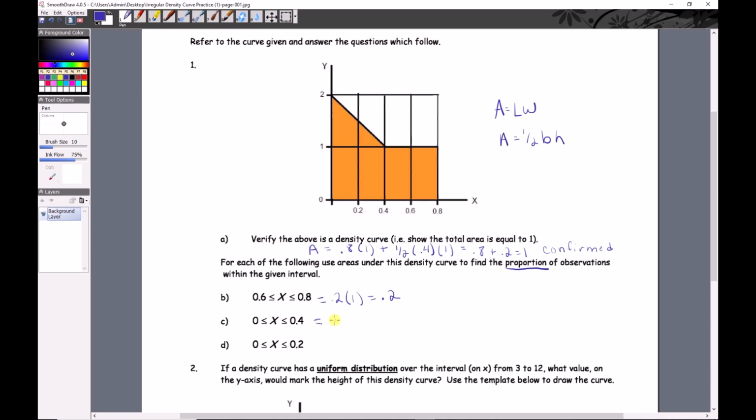That'll be 0.4, and the height of that rectangle will be 1, plus the triangle, 1/2 the base, that's 1/2 of 0.4, times the height is 1. And so that will be 0.4 plus half of 0.4 is 0.2, or 0.6. Or 60% of your observations are going to be right here from 0 to 0.4.